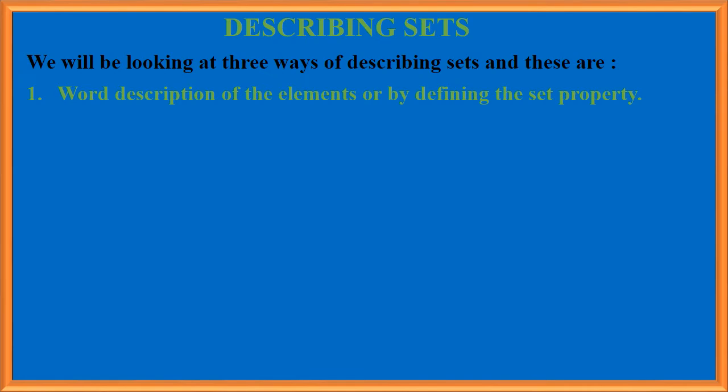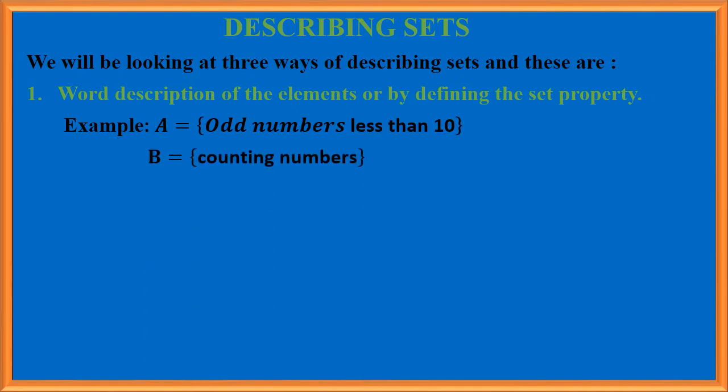For example, we can have set A equal to odd numbers less than 10, or we can also have a set B which contains counting numbers. They are described by words. Then we can also have set C, which is a set of prime numbers less than 12.